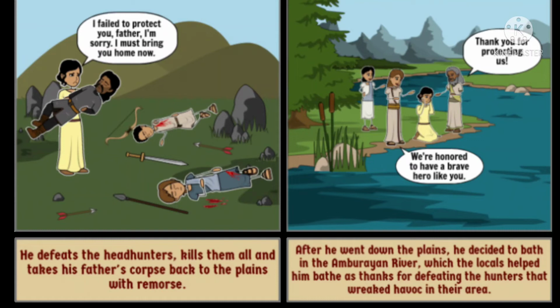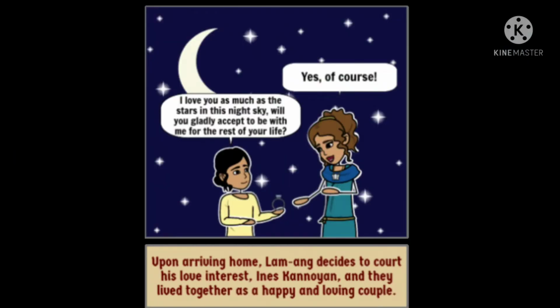Upon returning to Nalboan in triumph, he was bathed by women in the Amburayan River. All the fish died because of the dirt and odor from Lamang's body. Upon arriving home, Lamang decides to court his love interest, Ines Canoyan, and they live together as a happy and loving couple.